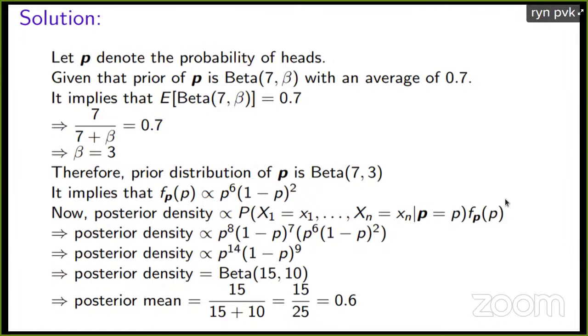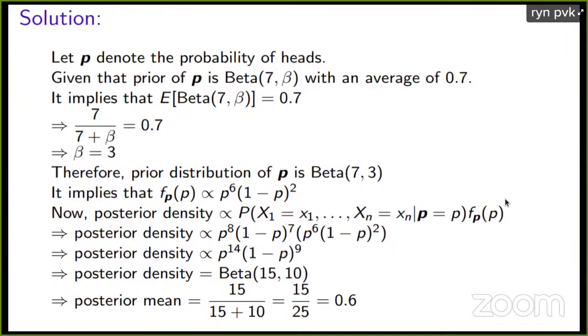The distribution for Beta(alpha, beta) is directly proportional to x raised to the power alpha minus 1 into 1 minus x to the power beta minus 1. So when I say p to the power 14, that is the value equal to alpha minus 1.